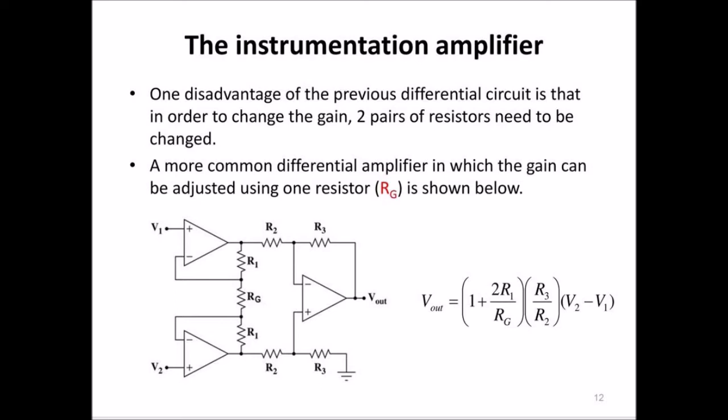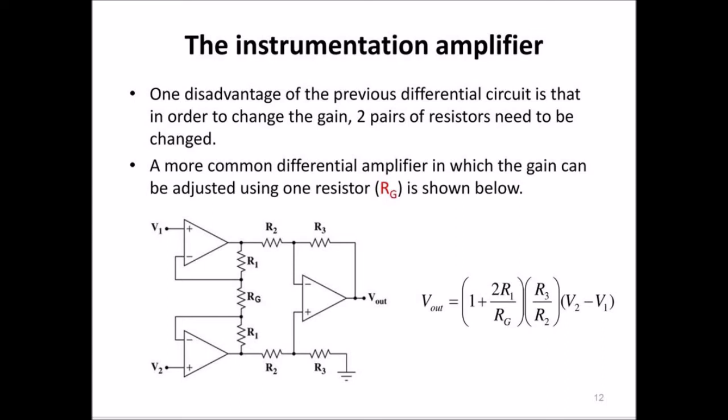The next one is the more common differential amplifier in which the gain can be adjusted using the resistor RG. The first point gives the disadvantage, and the remedy is given in the second line: the adjustable resistor RG.